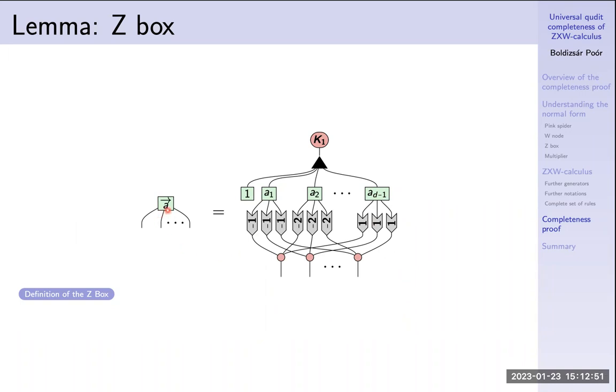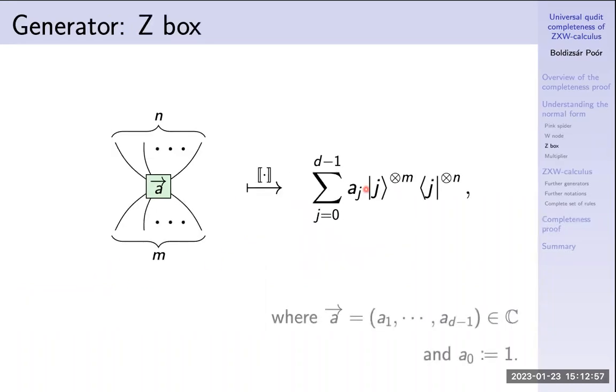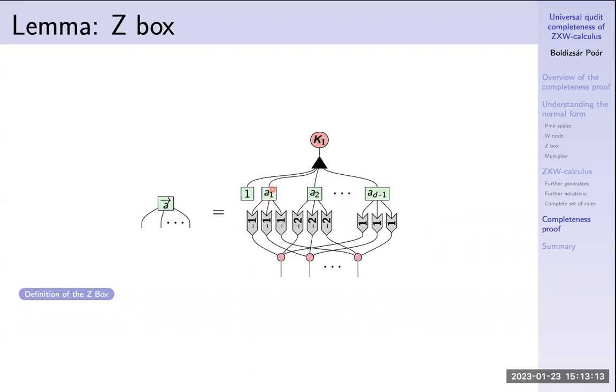So for example, the Z box. If you recall, the Z box is actually like every j...j basis state with an a_i phase or a_j phase. And so this is just what this normal form describes.